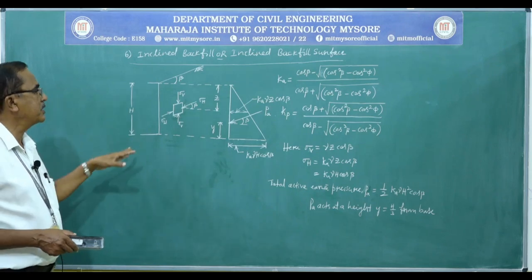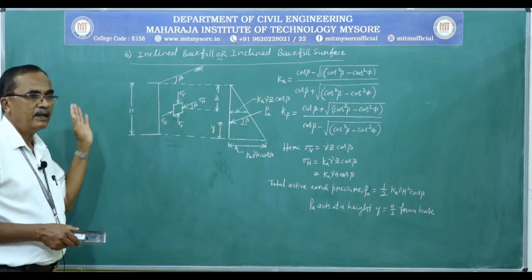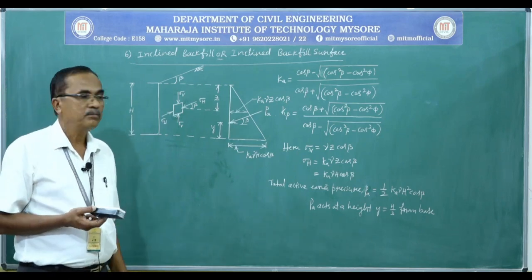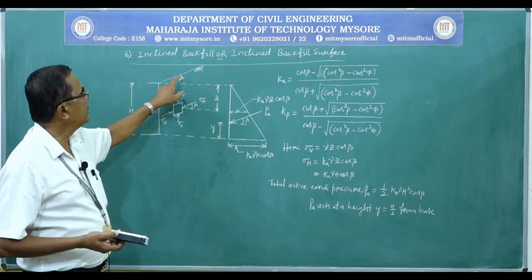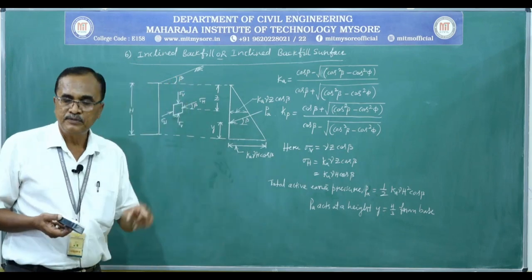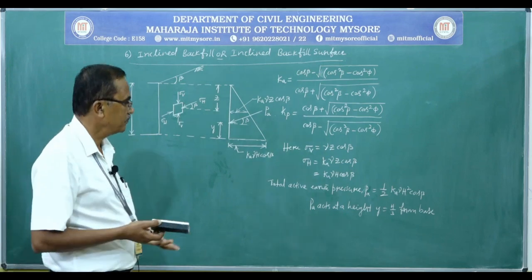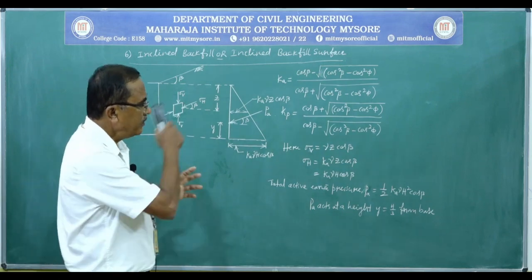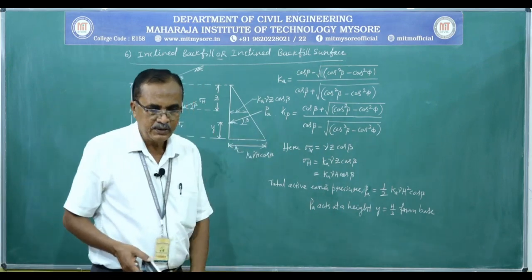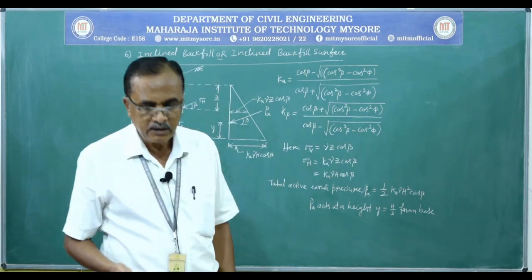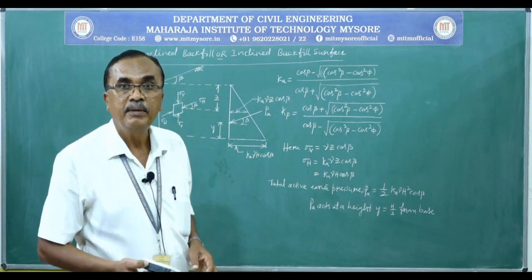Even if you come across such an inclined backfill, we can comfortably calculate both active and passive earth pressure by taking the surcharge angle into account. So these are all the various cases which we come across in practice to decide the earth pressure, be it active or passive earth pressure.